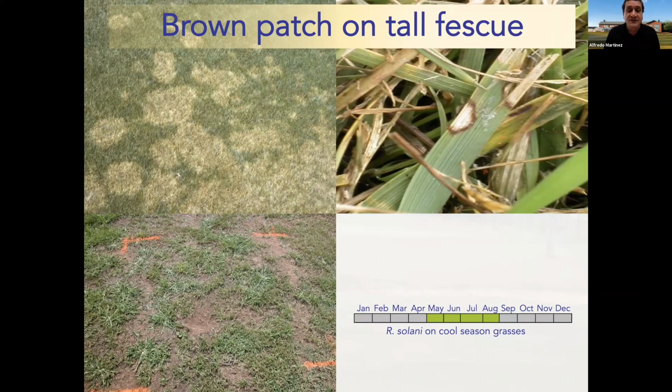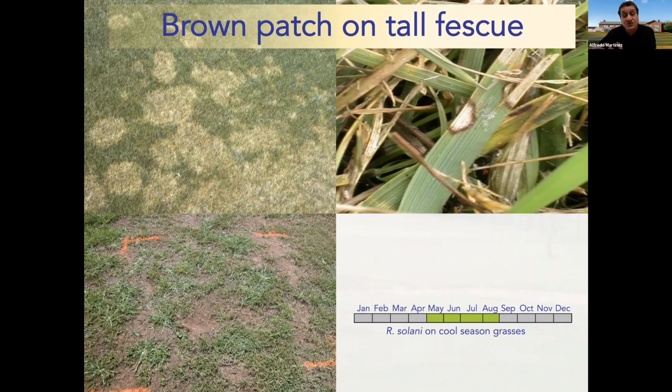tall fescue. It is a cousin of the one that we just saw, which is Rhizoctonia. It's the same fungus, but a little bit different in that they are very closely related.